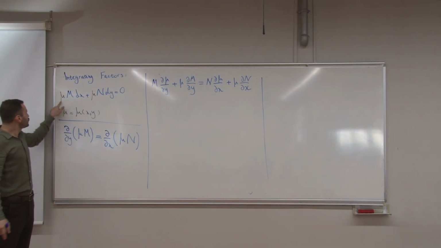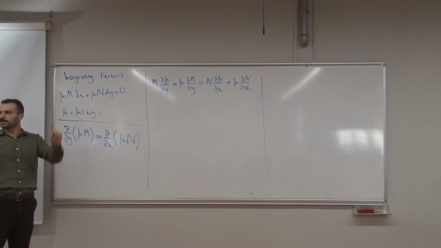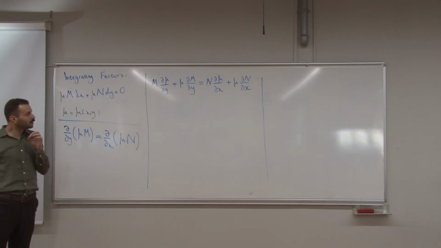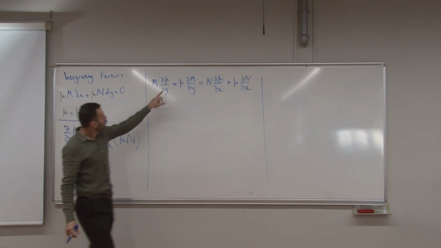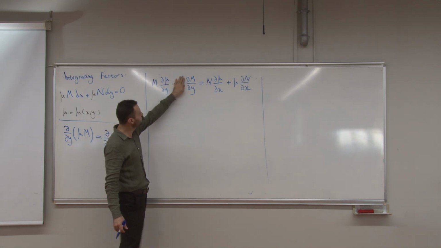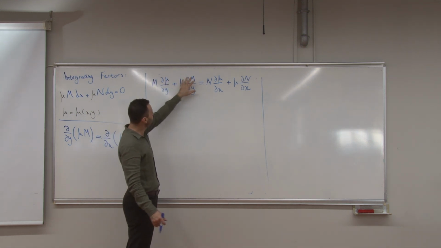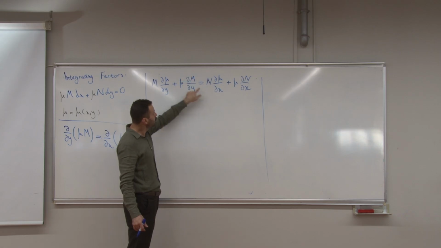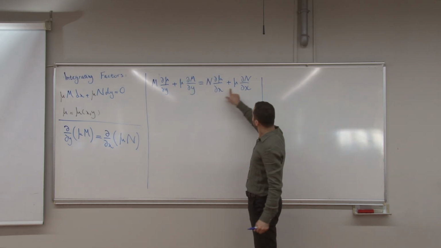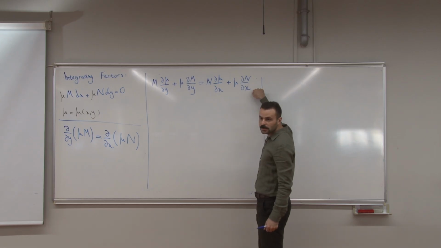If our mu, this integrating factor, was just 1, which means that our original equation was actually exact, what would have happened? The derivative of 1 with respect to y is 0. This is gone, mu is equal to 1. So from here we have ∂M/∂y equal to, again, this is 0 plus 1 times ∂N/∂x.